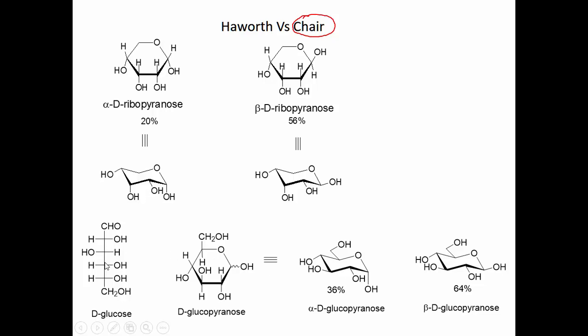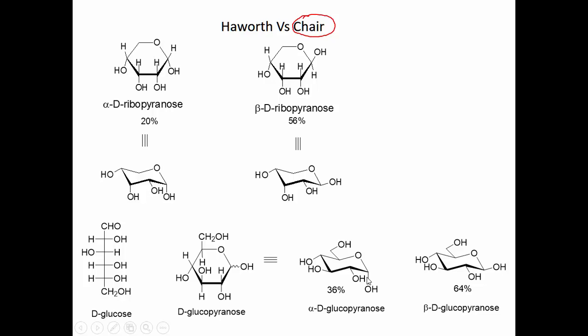When you have the OHs in this orientation and you now draw the chair, everything is equatorial. In this case, the anomeric OH is still axial or equatorial. These two compounds are anomers, the alpha anomer and the beta anomer. In the beta, everything's equatorial, and in the alpha, everything except the anomeric carbon is equatorial.